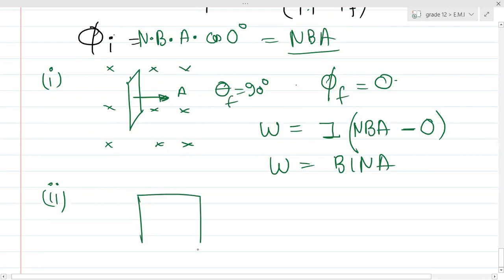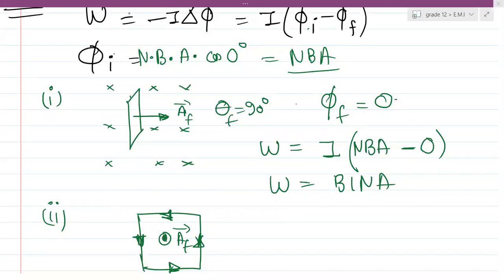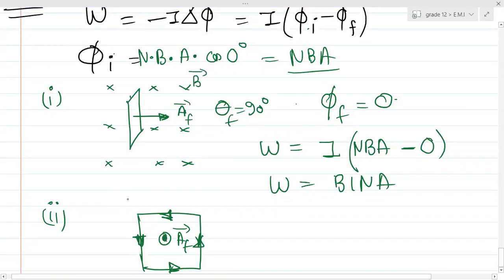Why 2 BINA? Because when you rotate it by 180 degrees, the current in the loop will not be clockwise anymore. It will become anti-clockwise, right? After turning. So basically the final area vector will be coming out of the plane, whereas the magnetic field is still into the plane, right? You didn't change the direction of the magnetic field.